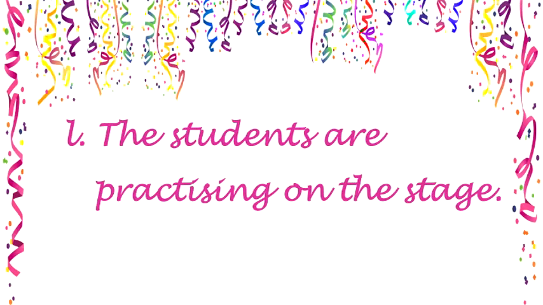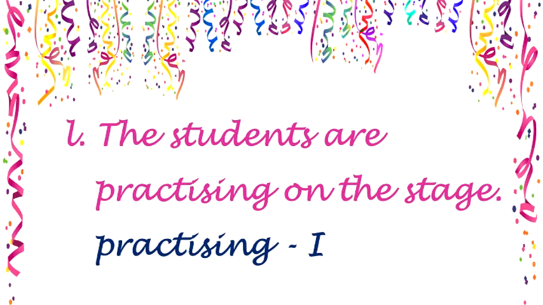Next we have students are practicing on the stage. Yes, dear children, be very careful. Find out the object that should give you answer of what or whom. So practicing is the verb, but the object does not give you an answer of what or whom. So that means there is no object.